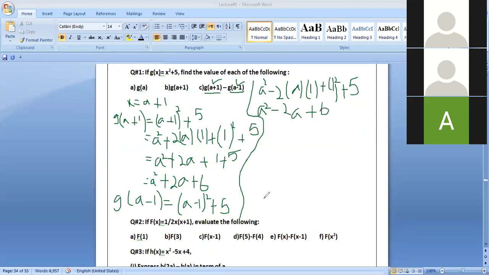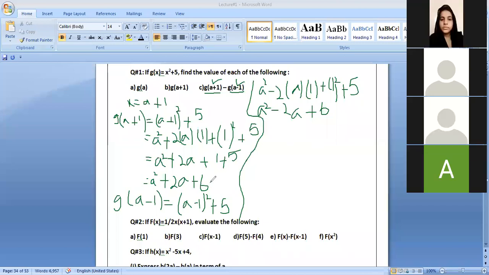Class, these are equations. You can mention them as equation number 1 and equation number 2. So according to the given condition, equation 1 minus equation 2.